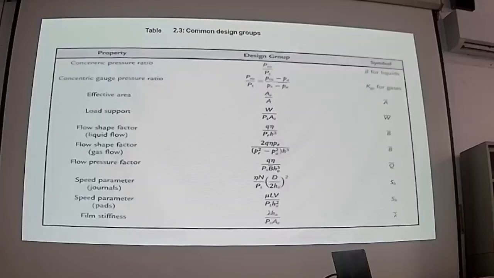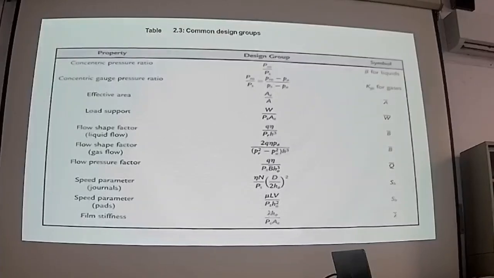So let's talk about the pressure ratio: the recess pressure divided by the supply pressure. This pressure ratio is a normalized parameter. And we also have an effective area. If we normalize this term with the total area, the overall area A, then this is the normalized effective area.